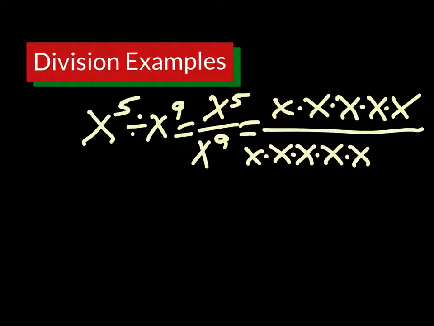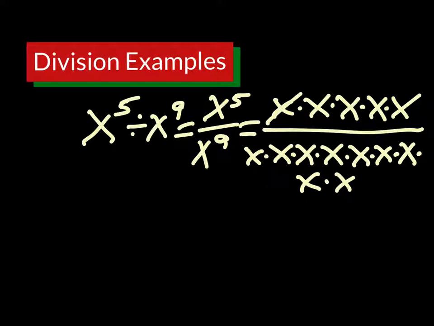Let me count them: 1, 2, 3, 4, 5, 6, 7, 8, 9. Okay, so I have 5 x's on the top and 9 x's on the bottom. Now I can simplify this by canceling the x's on the top and bottom.